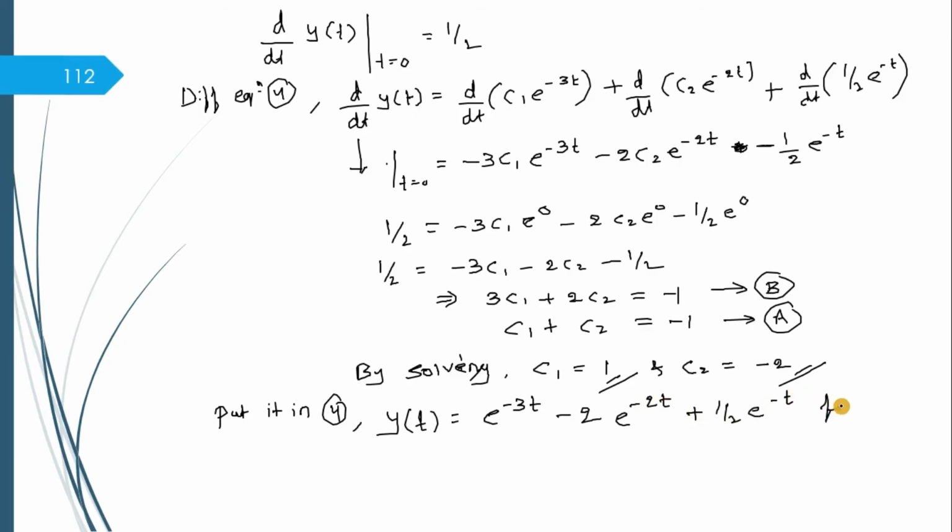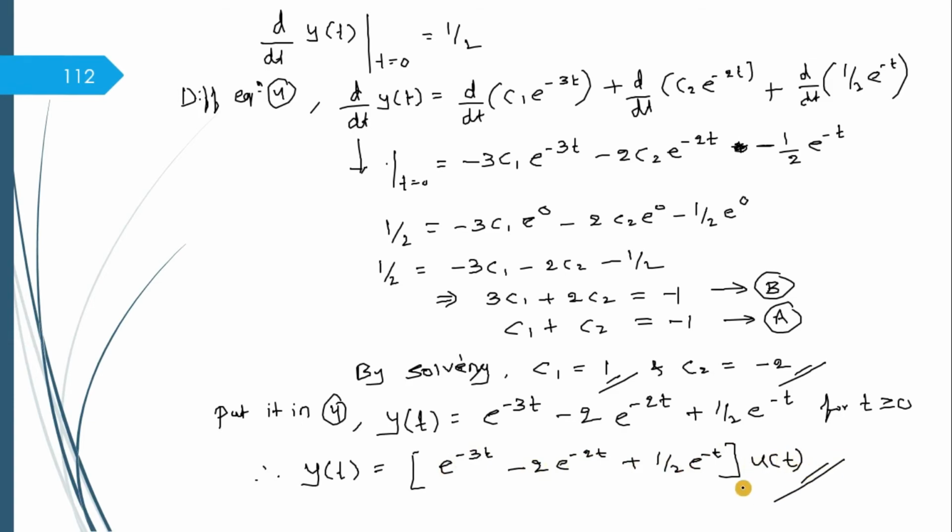This is for t greater than or equal to 0 because x of t is given as e raised to minus t u of t. Therefore, y of t is equal to e raised to minus 3t minus 2 into e raised to minus 2t plus half into e raised to minus t, u of t. This is the complete solution.